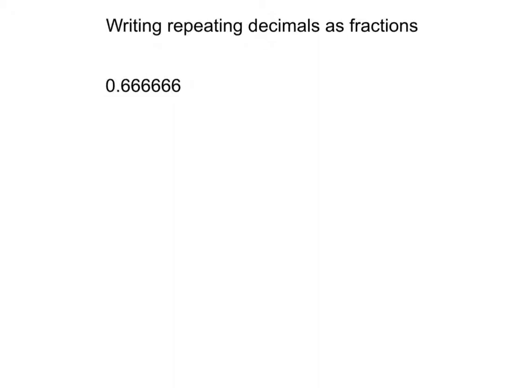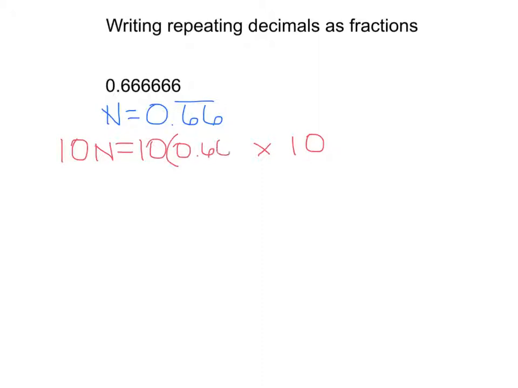We can also write repeating decimals as fractions, but it's a little bit of a trickier process. So you first want to let n represent the number. In this situation, we're going to say n equals 0.66 repeating. Now we're going to multiply both sides by 10, so we get 10n equals 10 times 0.66 repeating.